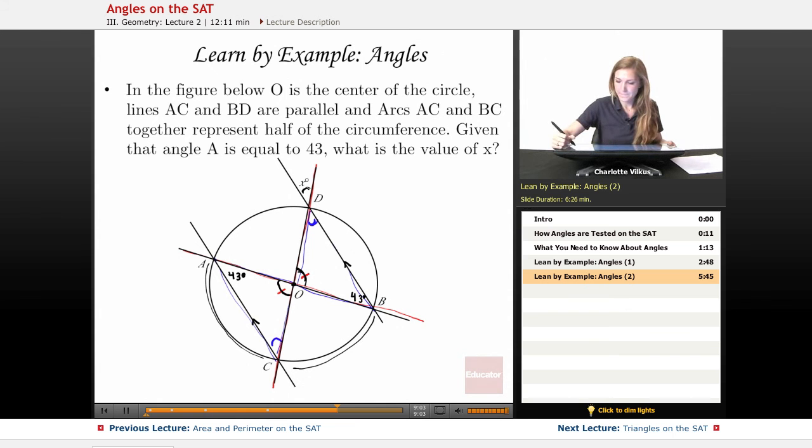And from there, I can deduce that if these two are each 1/4 of the circumference, so if this one's 1/4 and this one's 1/4, I have quarter circles here, which means that these should actually each be 90 degrees.